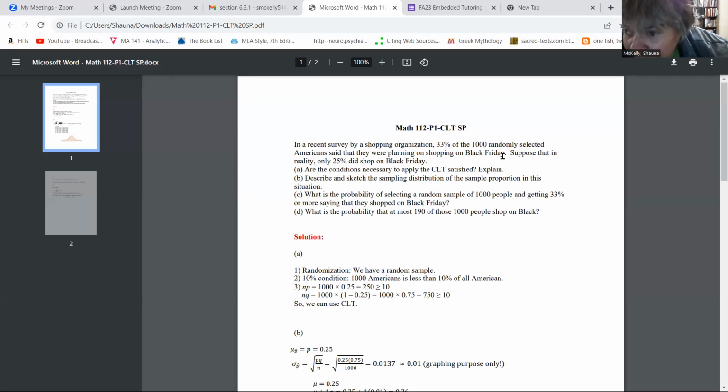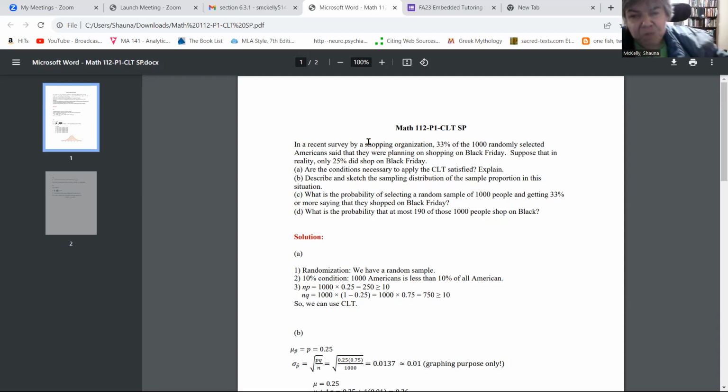That is your sample size. You have 1,000 people, all right? Now, you have to give this some thought because this won't be stated directly. Who is or what is your population? What is the larger group? In a recent survey by a shopping organization, 33% of the 1,000 randomly selected Americans. Who is this shopping organization surveying?